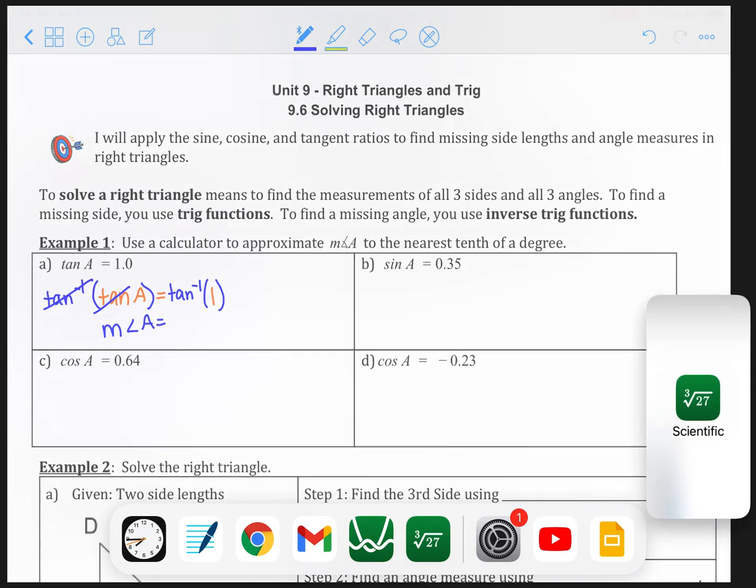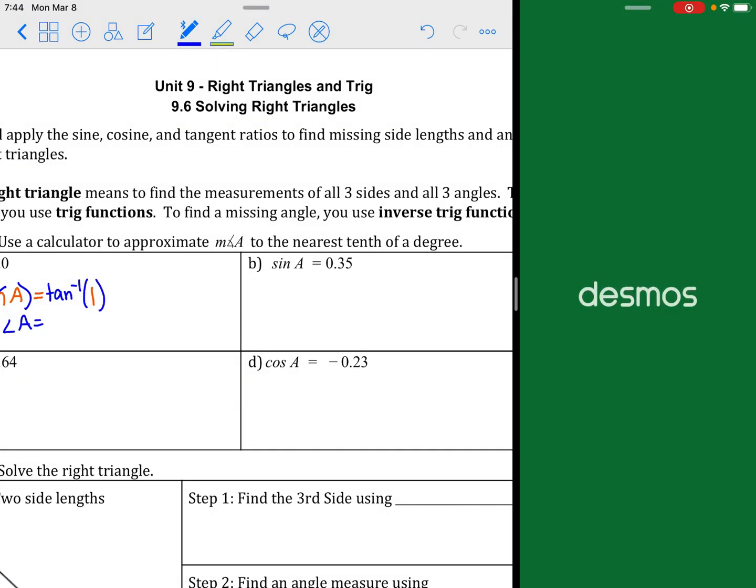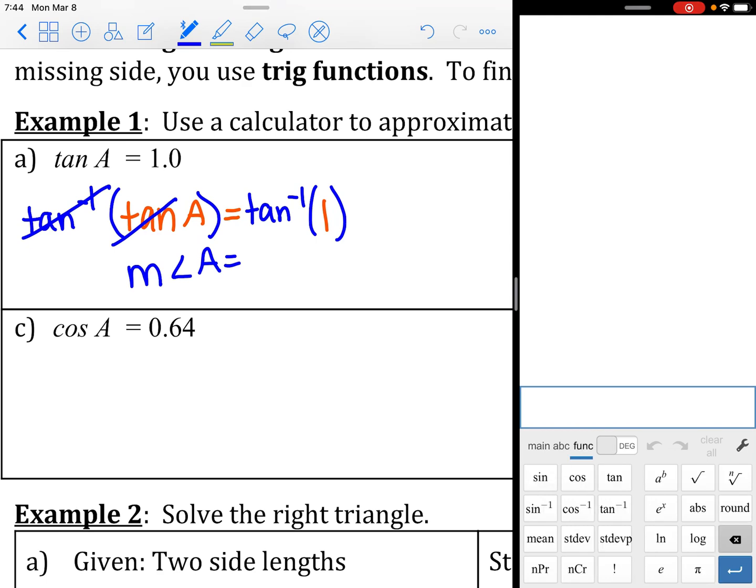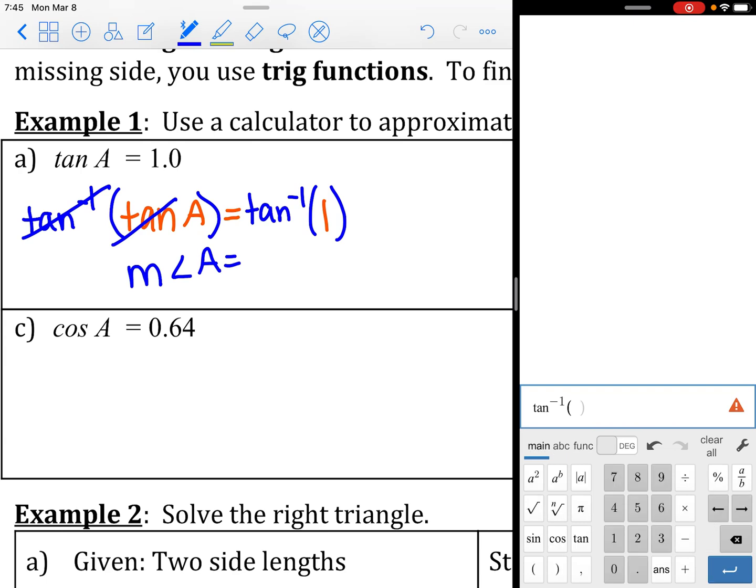I'm going to use my calculator to find the value of that statement right there. So right now, on my regular Desmos calculator, I just see sine, cosine, and tangent. So if I click on the function button here, switch from main to function, notice that below each of these trig functions is the inverse. So to find this, I'm going to type in the tangent inverse of 1, and that gives me my degree measurement.